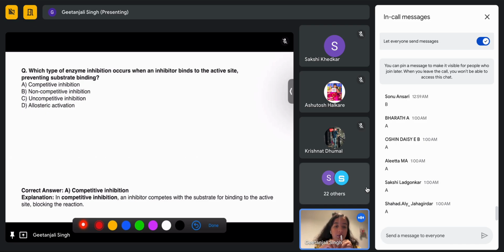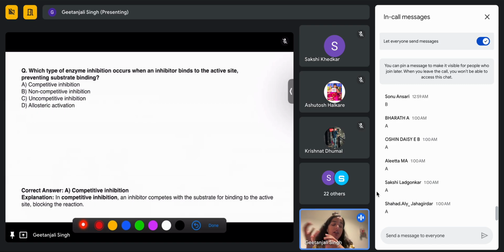In competitive inhibition, there is an active site and the substrate has to go and bind to the active site. In order to inhibit this, the inhibitor, instead of letting the substrate come there, goes and binds in place of the substrate, and hence does not let the substrate bind to the active site.